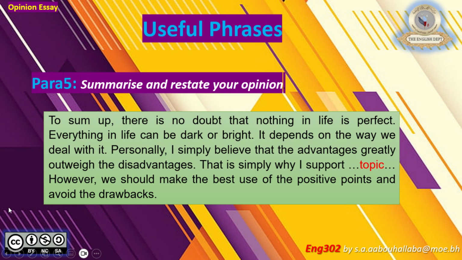It depends on the way we deal with it. Personally, I simply believe that the disadvantages greatly outweigh the advantages. That is simply why I support, and you mention the topic. However, we should make the best use of the positive points and avoid the drawbacks. So that's how to end such a writing.